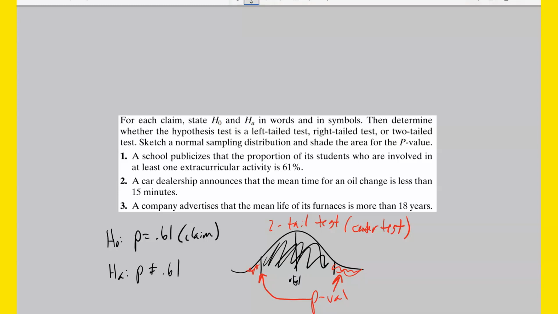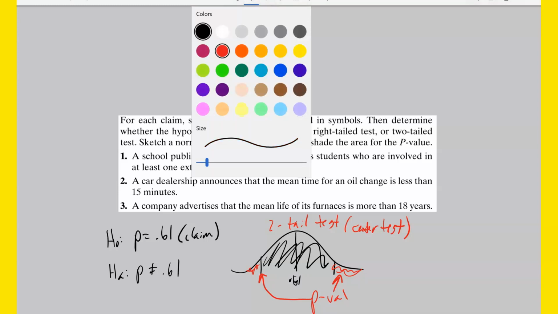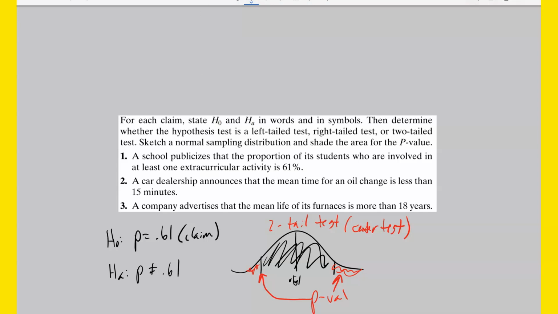All right, let's do number 2. A car dealership announces that the mean time for an oil change is less than 15 minutes. So mu is less than 15. So that's got to be HA, since it doesn't have an equality symbol involved in it. So H naught would be the opposite of that, which is mu is greater than or equal to 15.